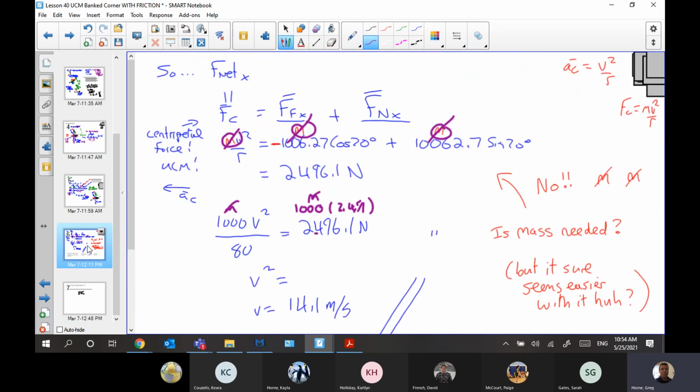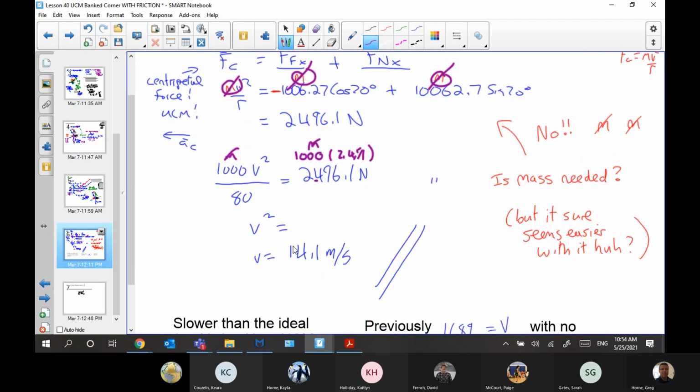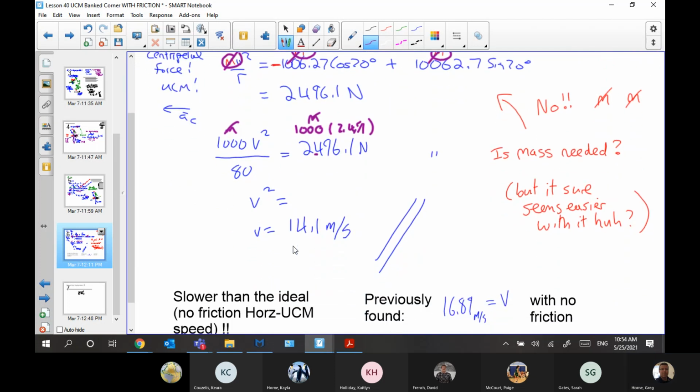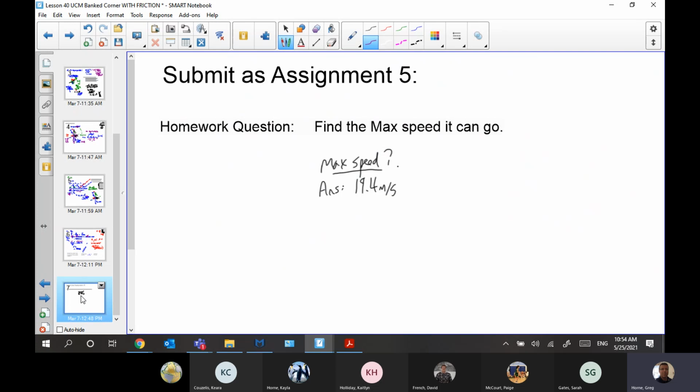Do we need that page a little more or no? No? All right. So a new assignment for you to do and hand in is to figure out the maximum speed that you can go. I have the answer there. I didn't do it as an assignment last time.